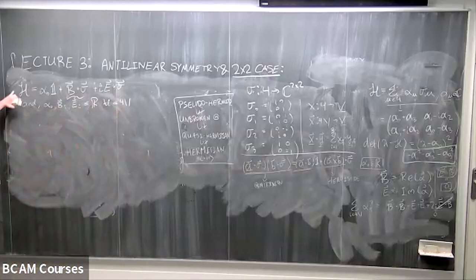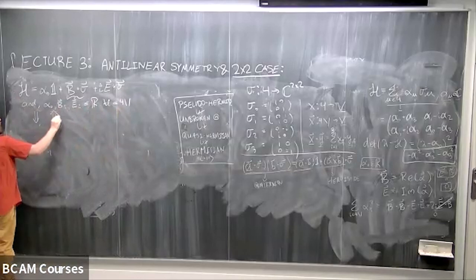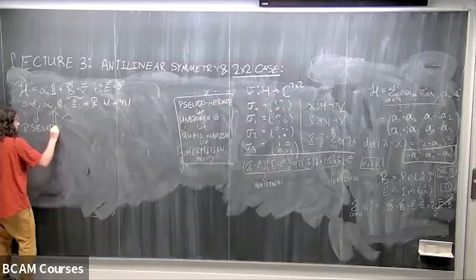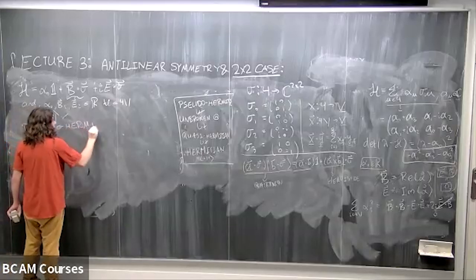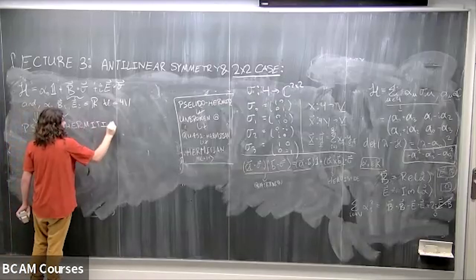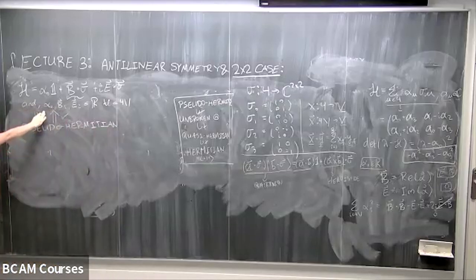The claim is that this actually is pseudo-Hermitian. So we know that in order for it to be pseudo-Hermitian in the first place, this determinant argument gives us this arrow. So this is already proven. I proved it this way. Now I'll prove this way.